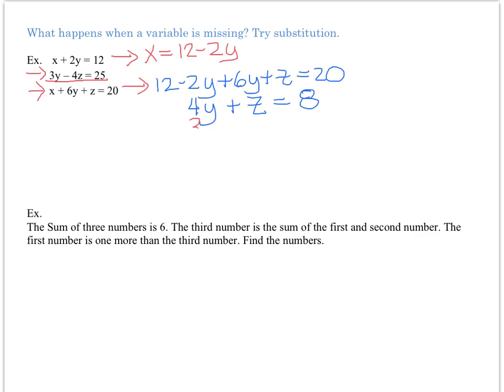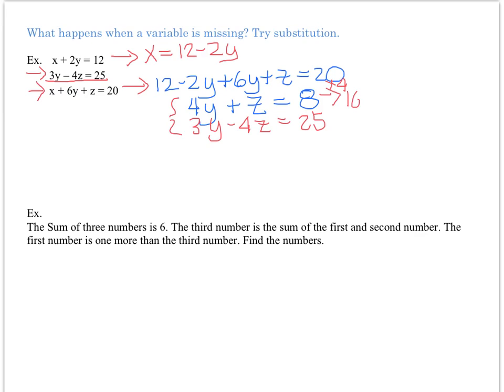Notice now I can bring down this other equation that I have right here. This is my 3y minus 4z equals 25. And I want to make a linear combination out of those. So I'm going to multiply everything up here by 4 so that I can eliminate my z's.